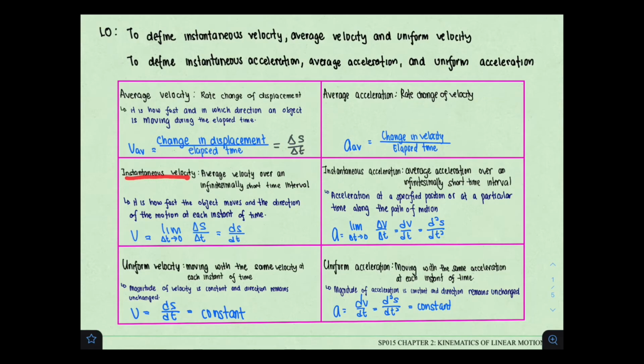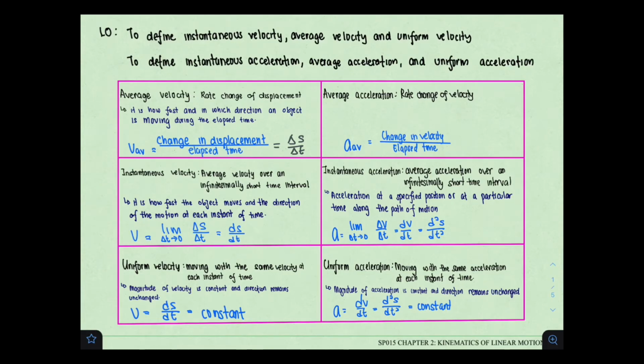Next is the instantaneous velocity, which is the average velocity over an infinitesimally short time interval. Basically, apa kita nak cakap adalah it is how fast the object moves and in the direction of the motion at each instant of time.